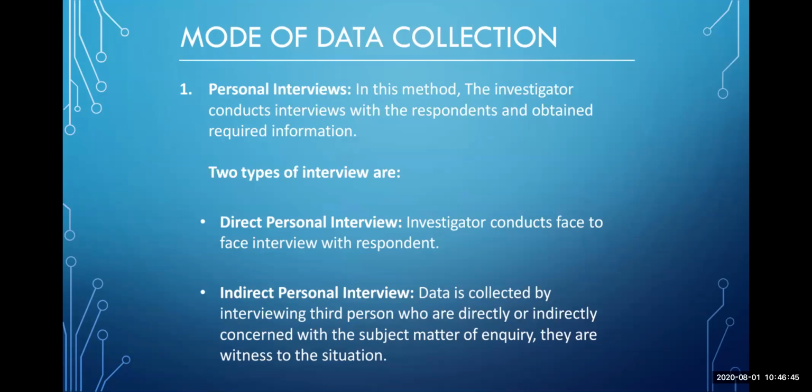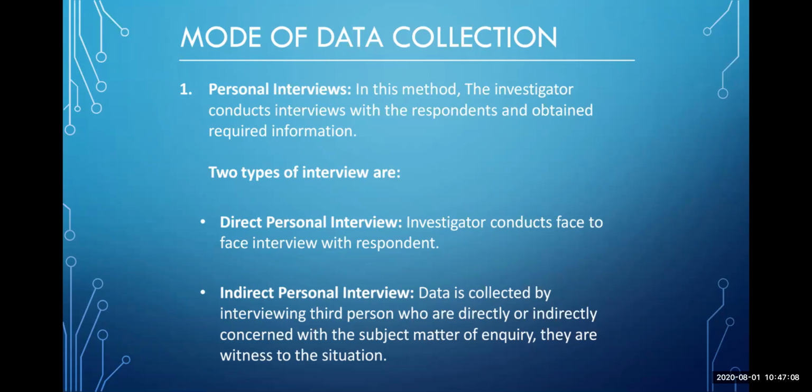Under the interview method, there are two types of interview: direct personal interview and indirect personal interview. In direct personal interview, the investigator conducts a face-to-face interview. The investigator directly meets the respondents and collects the information from the respondent.